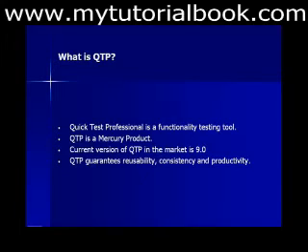The important advantages of Quick Test Professional, or I would say the advantages of functional testing, are reusability, consistency, and productivity. Reusability, because you can reuse these automated test scripts during different phases of testing.